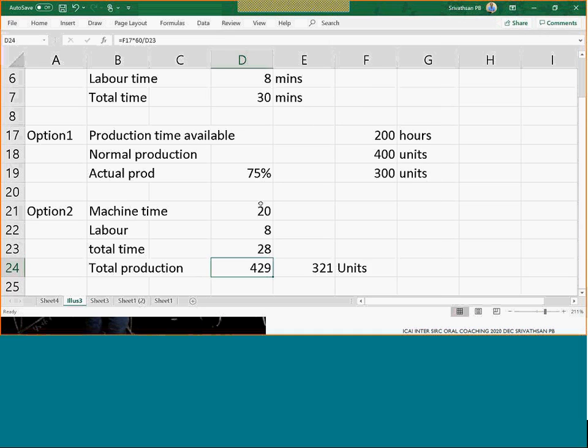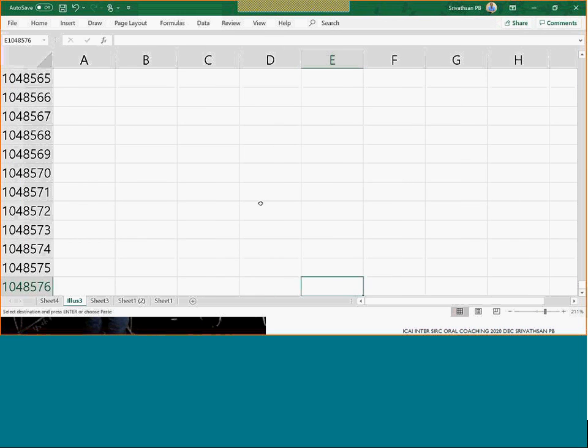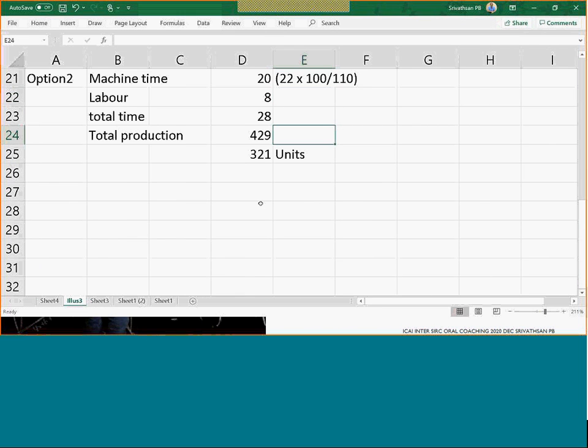So 22 into by 110. 8 the total, and then the hours into 3 minutes by 28, and then this 420, 75%.